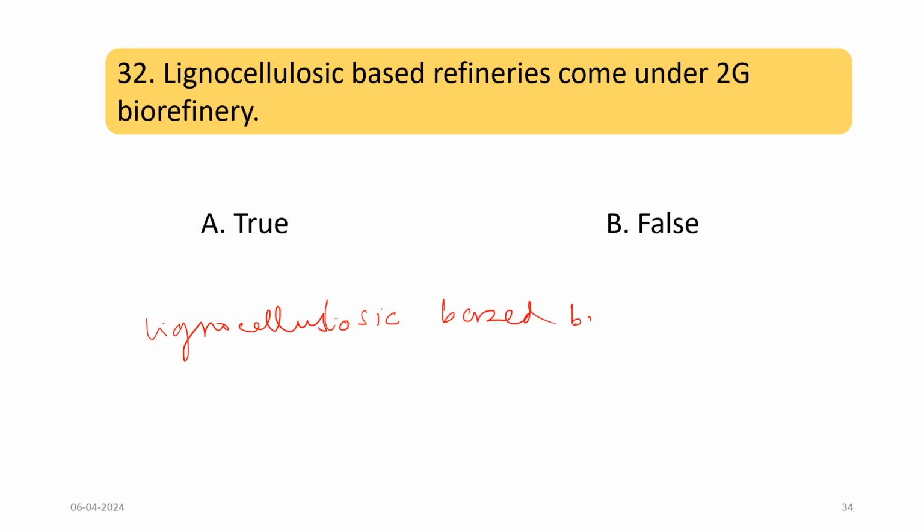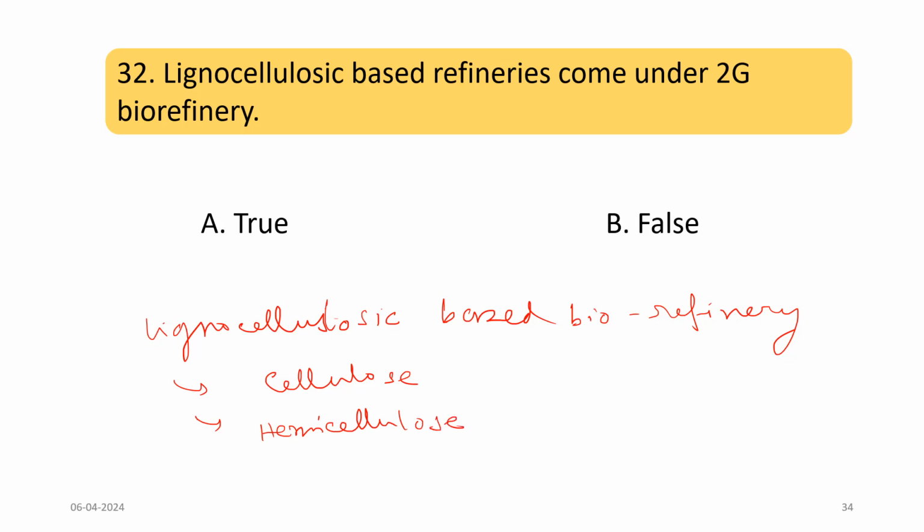Under this comes cellulose, which is available in the wood, then hemicellulose, which is an important part of a tree, then lignin, then direct extractables. So the answer is true.